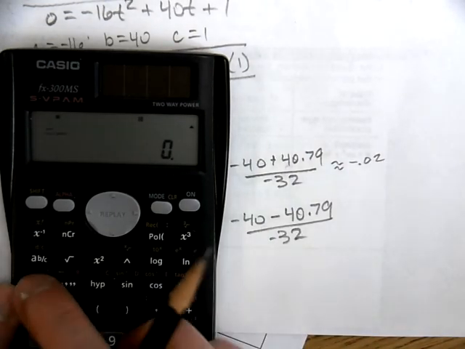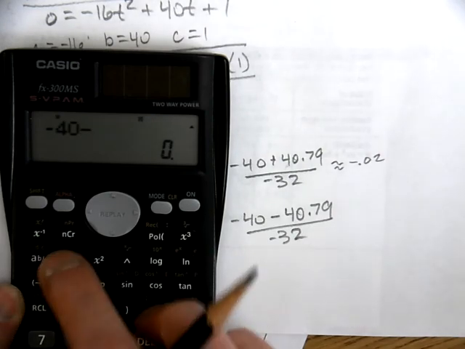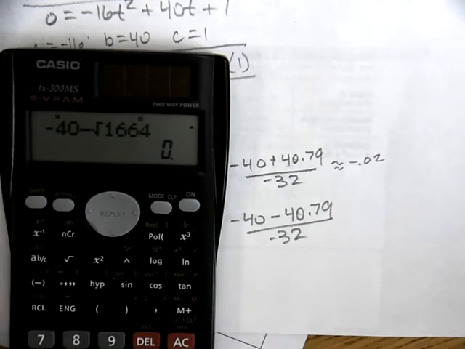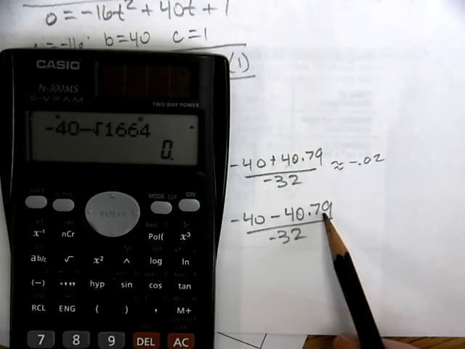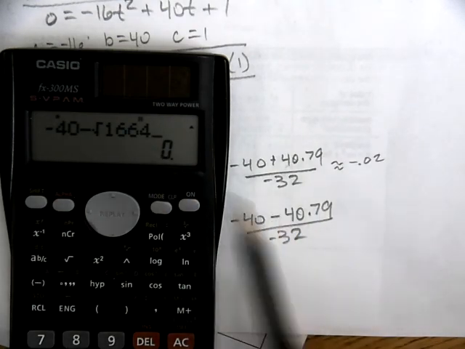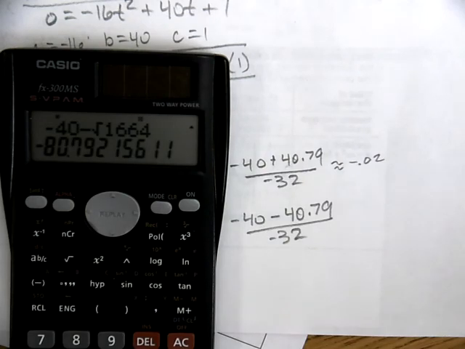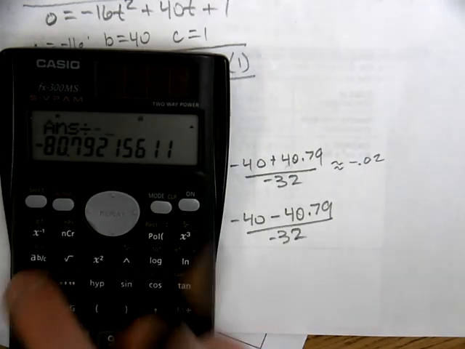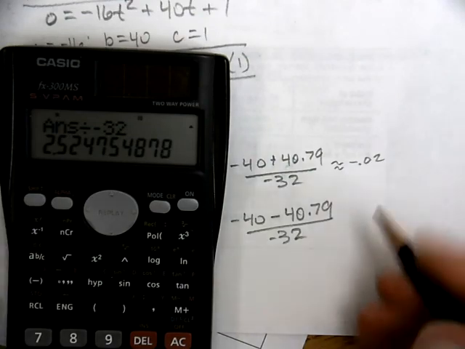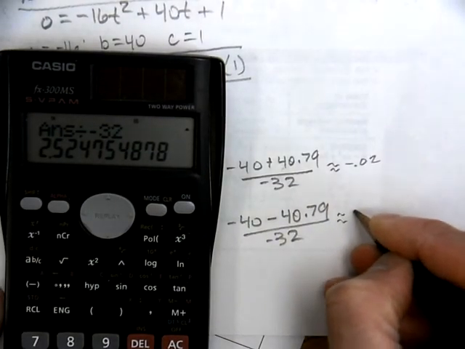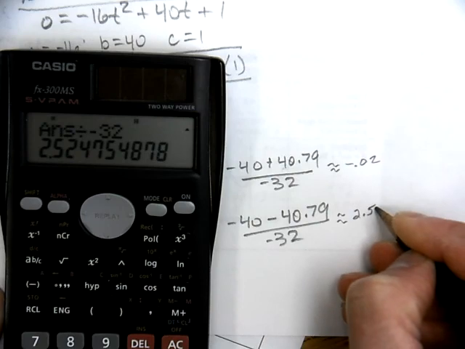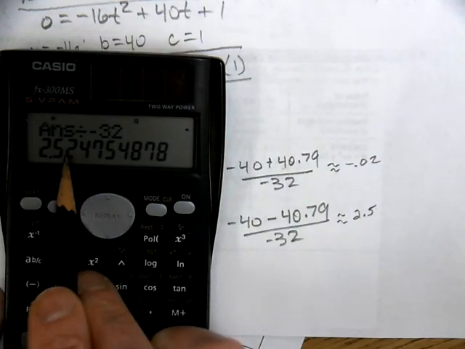We're interested in -40 minus the square root of 1664. You could do 40.79. It's not going to change the answer because that's very close to the real answer. But we can be as accurate as possible. All right, divided by -32, and that gives us approximately 2.52.